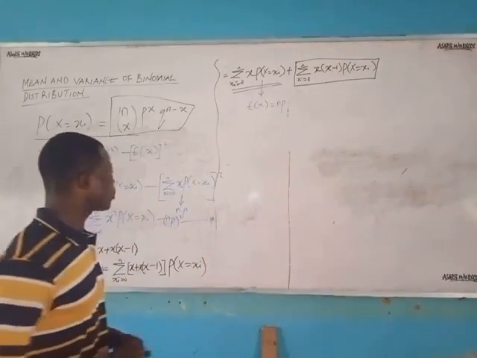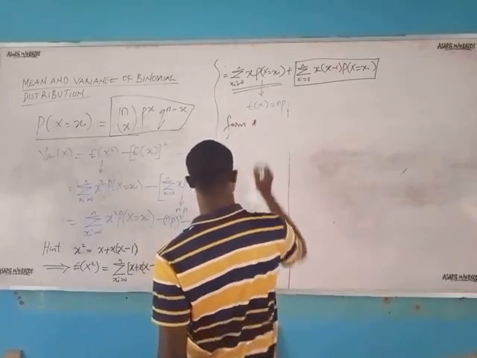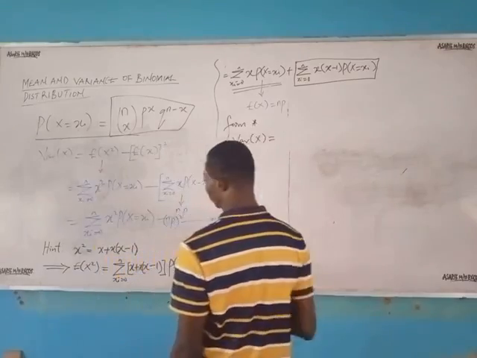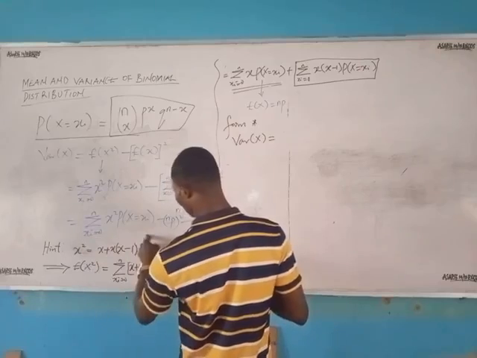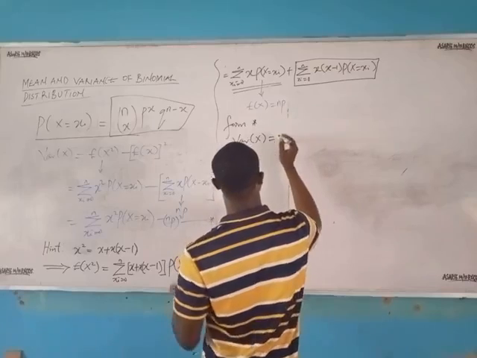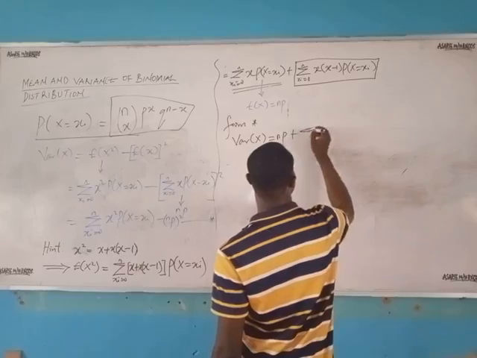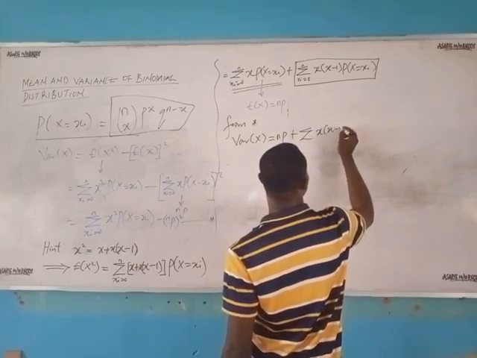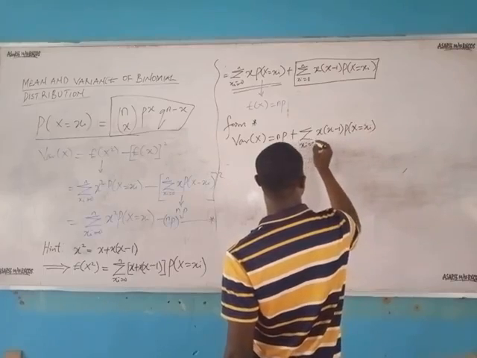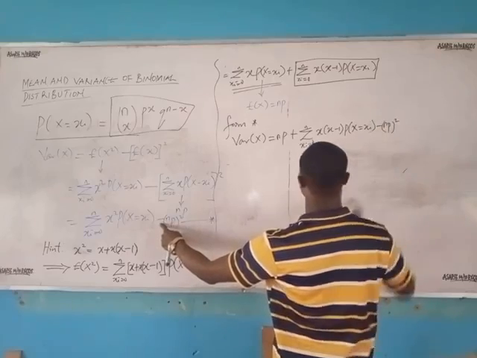So we can go back to equation asterisk. From this equation asterisk, we can say our variance of x is equal to, everything here is now this, so we can easily change it to np plus, we want to find this, summation x into x minus 1 times the probability, xi equal to 0 to n, then minus np all squared.